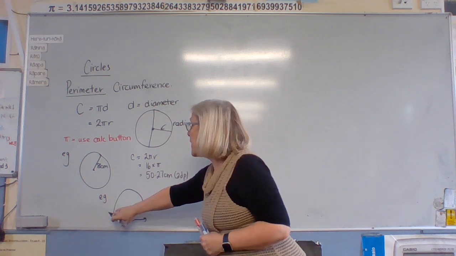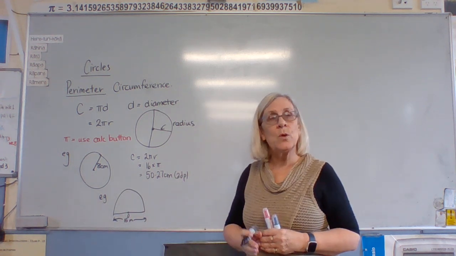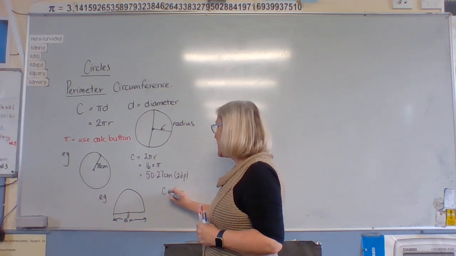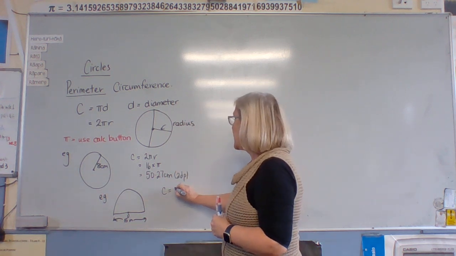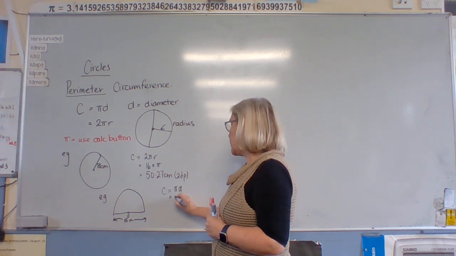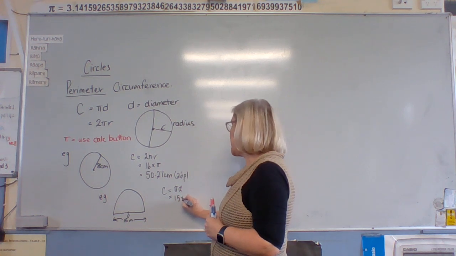So if we were trying to find the length around this half a circle, we would just set it up the same way. The whole circumference equals pi d, which equals 15 times pi.